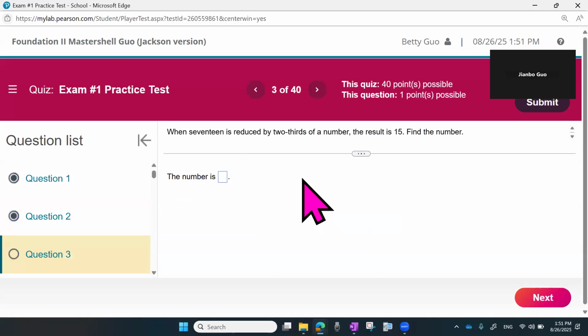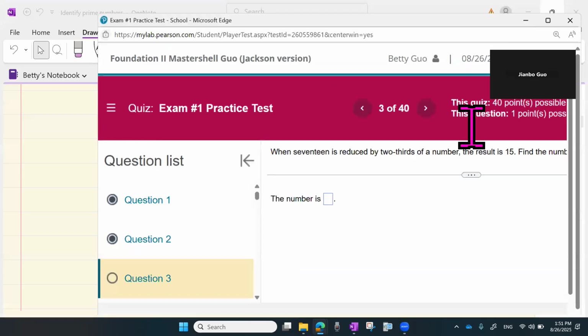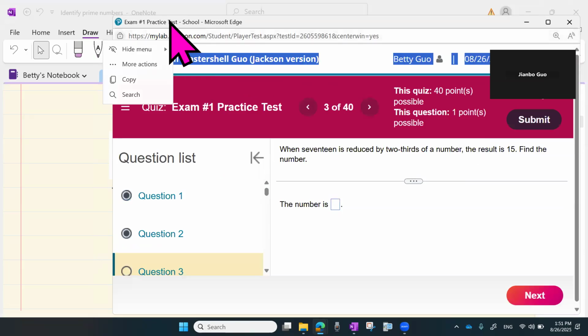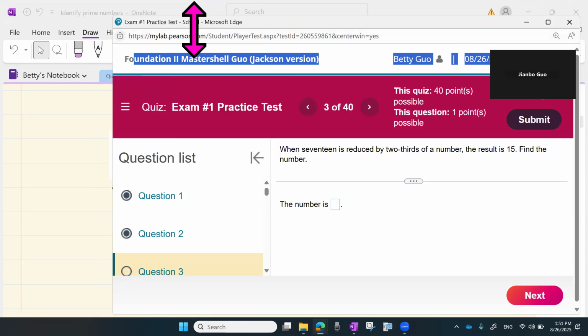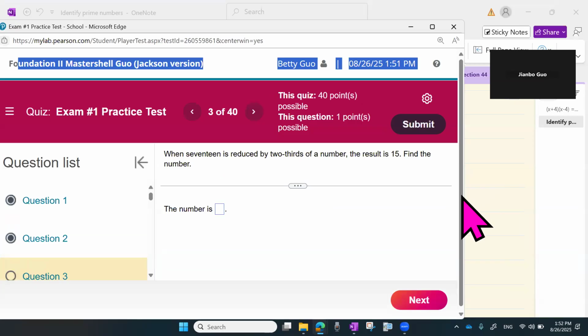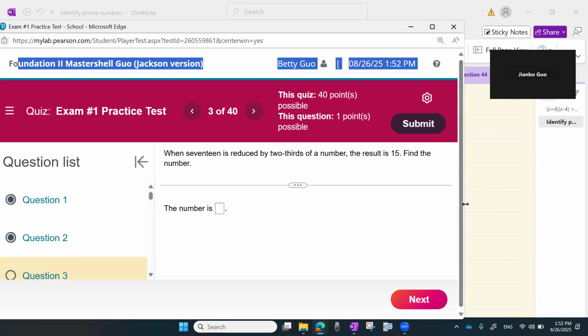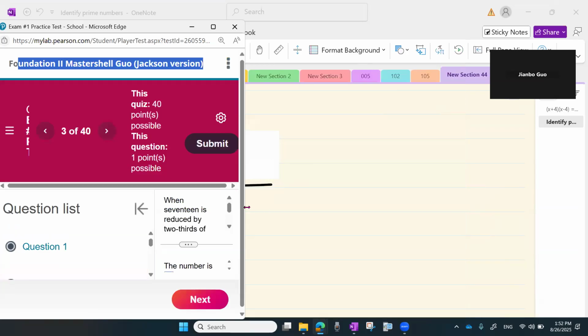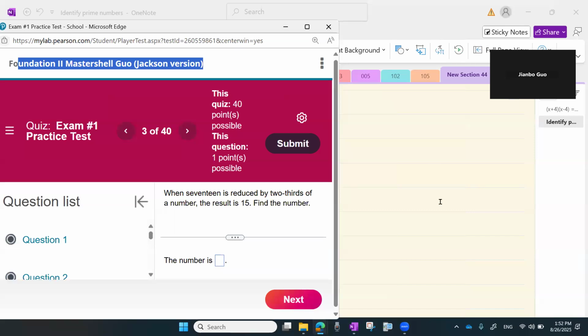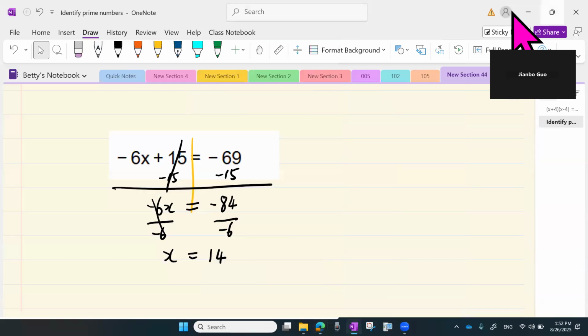When 17 is reduced by 2/3 of a number, the result is 15. Find the number. I want to see if I can do this. Like half of the screen shows the problem, and another half I can maybe write. I also have to adjust this one.